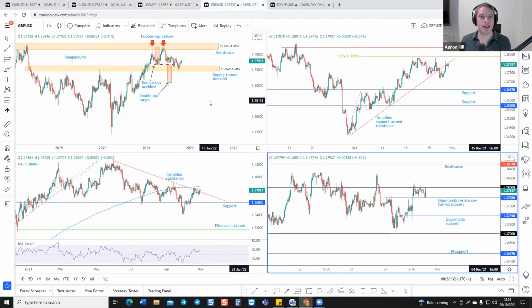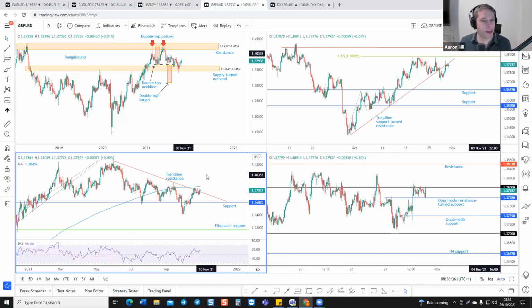Now, onto the pound dollar. Trendline resistance on the daily time frame is hanging by a thread. This is clear. We did form a mild daily close above this descending line yesterday, which could portend moves to the 200-day simple moving average at 38.48.